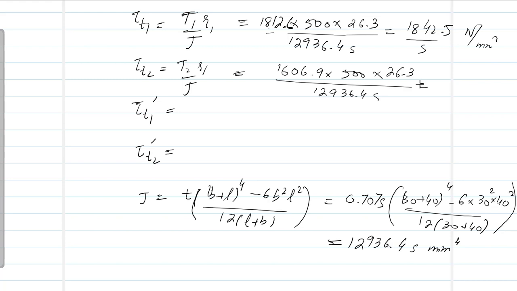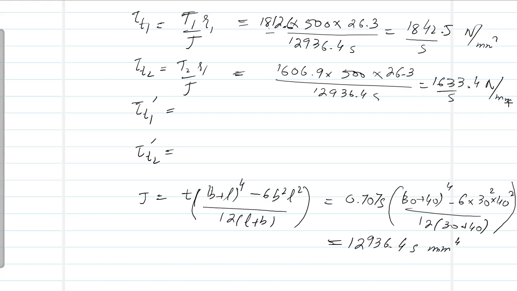So 1606.9 into 500 into 26.3 divided by 12936.4, the value comes out to be 1633.4 divided by S, Newton per millimeter square.